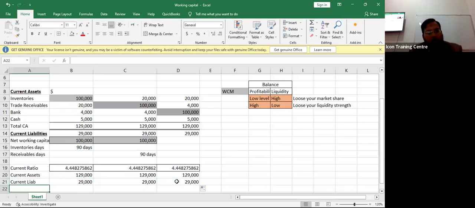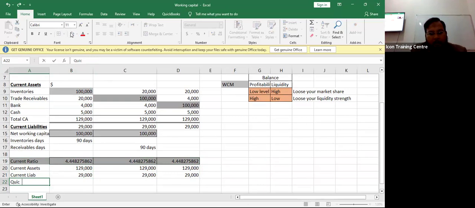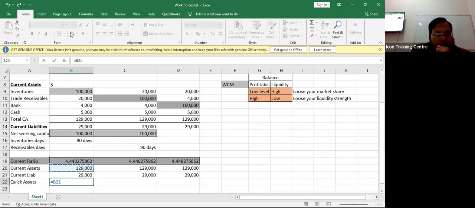And what about quick ratio? Now the formula for quick ratio is a bit different. And you better know that in quick ratio, we have to subtract our inventories from the current assets. So we need to calculate quick assets. And the formula of quick assets is equal to this minus this.